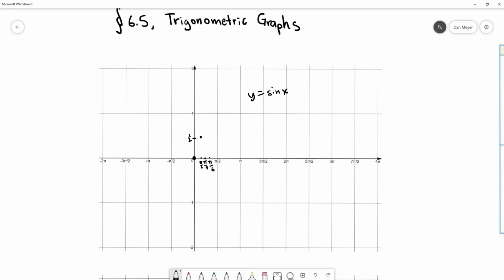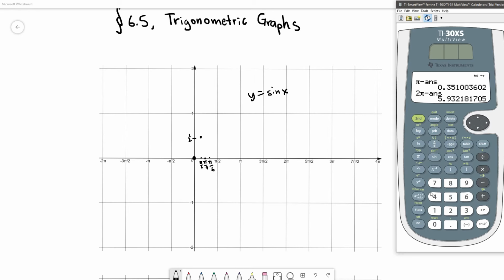Let's see if I do on my calculator that I got here. Oh, God, I don't know this calculator. Where's my square root button? There it is. If I do the square root of 2 divided by 2, I get about... Oh, come on.